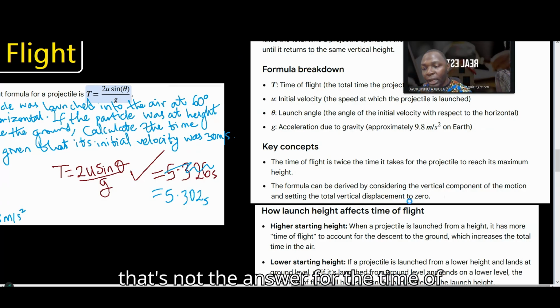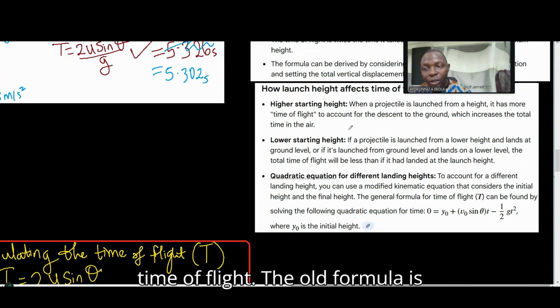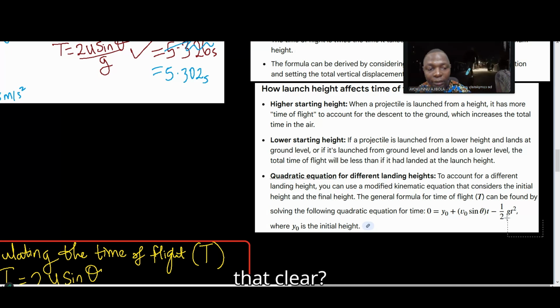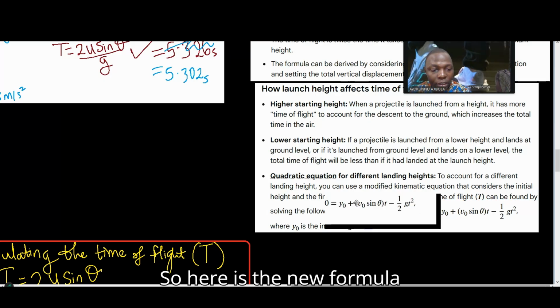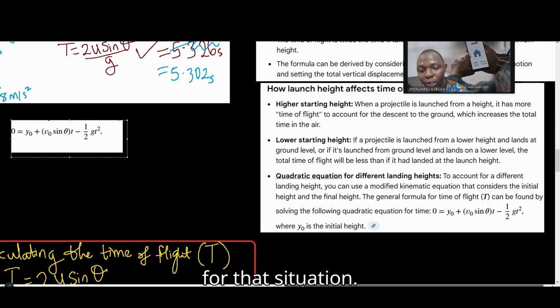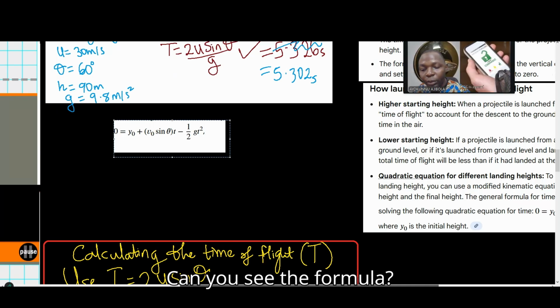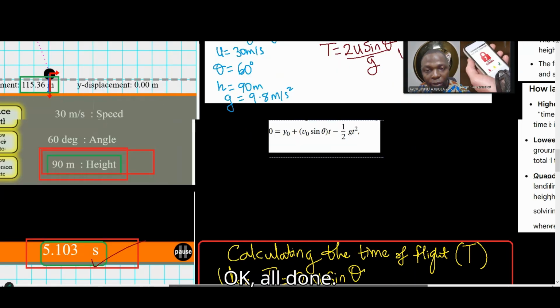So that's not the answer for the time of flight. We need a new formula to get our time of flight. The old formula is useless when there is height involved. Is that clear? Yes, sir. So here is the new formula for that situation. Can you see the formula? Yes, sir.